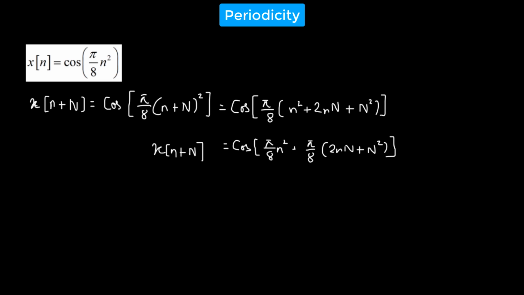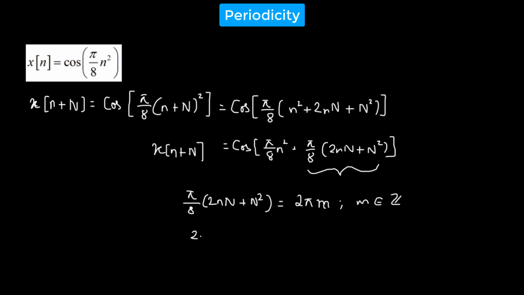Now we know that for this particular discrete time signal to be periodic, this value pi over 8 times 2nN plus N squared must be equal to some integer multiple of 2 pi. Let's call it m, where m is an integer.